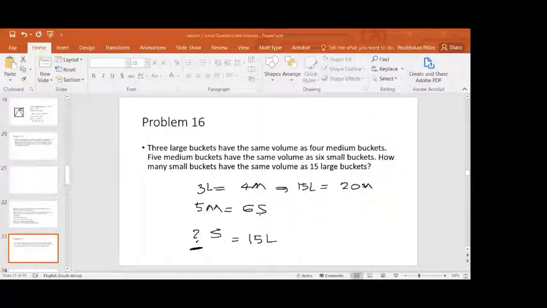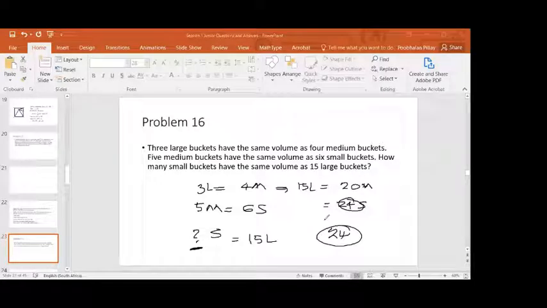Now 5M is 6S, so 20M, you multiply this by 5, is equal to 24S. So that's the answer. How many small buckets have the same volume as 15 large? The answer is 24.